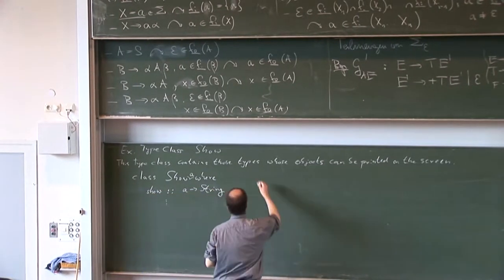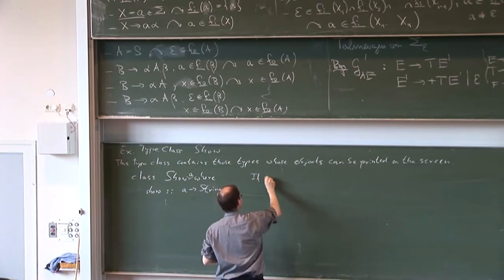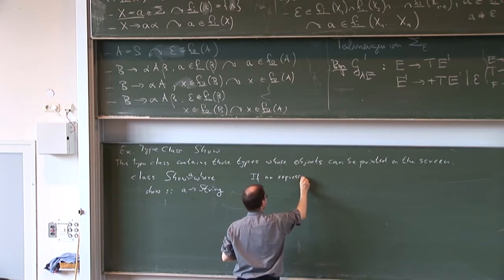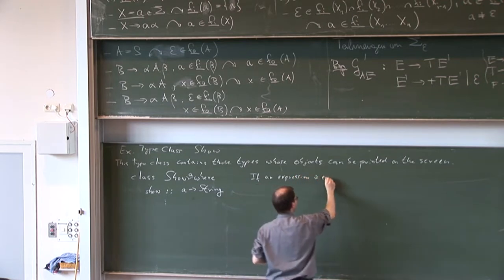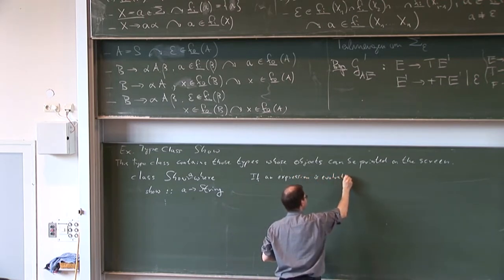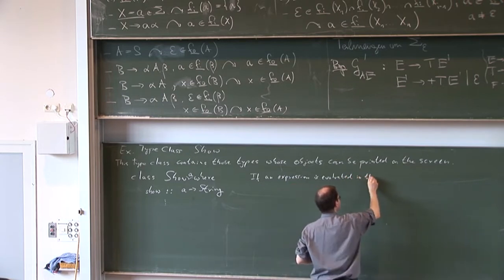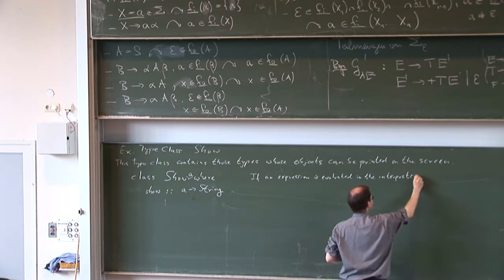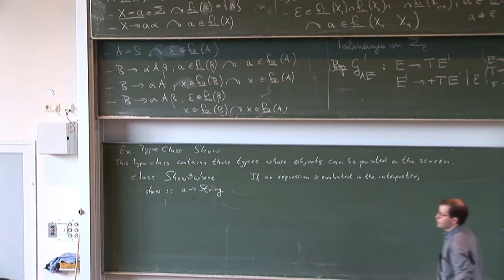If an expression is evaluated in the interpreter, then after evaluation, the function show is called to convert the result into a string, and the string is printed on the screen.